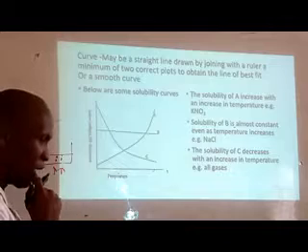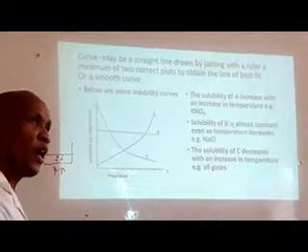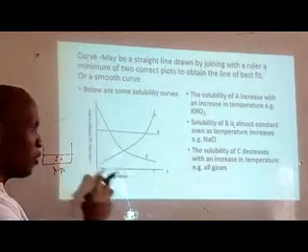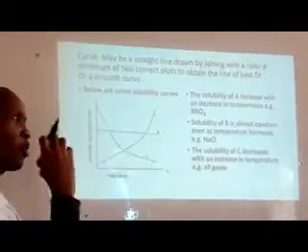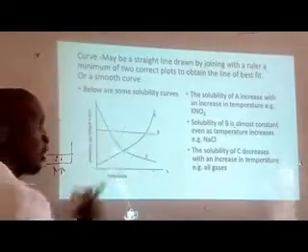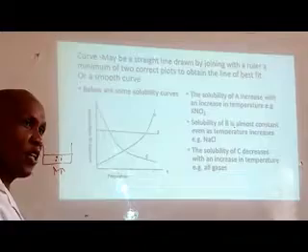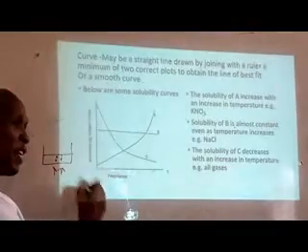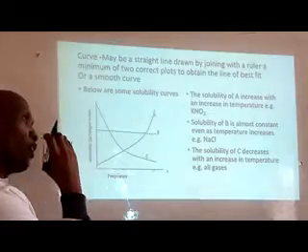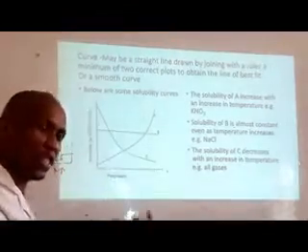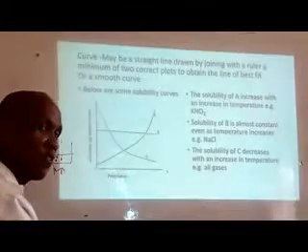Now, allow me to mention something that we will come to when we do reversible reactions. The reason why the solubility of gases decreases with an increase in temperature is because all gases dissolve exothermically. From Le Chatelier's principle, whatever that is, when stress is applied to a system in equilibrium, the system will respond so as to offset the effect of that stress.